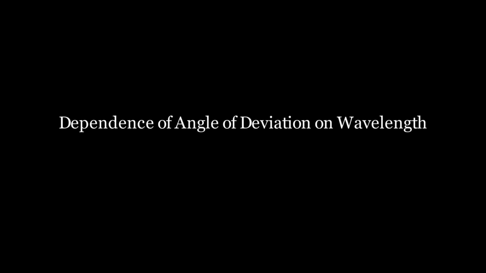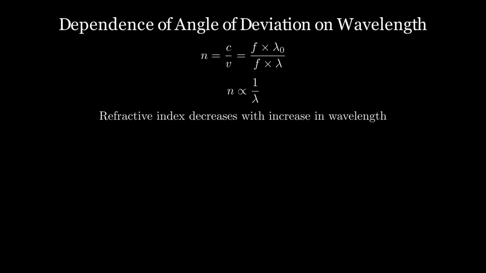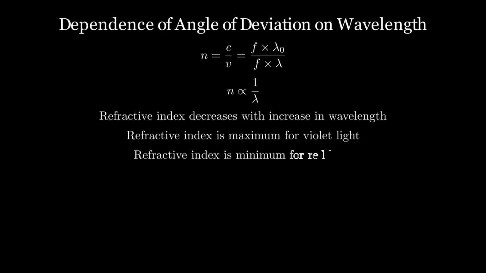Lastly, we have the wavelength of light. We know the refractive index of a given medium is different for light of different colors. The refractive index of a material decreases with increase in wavelength of light. Thus, the refractive index of the material is maximum for the light which is of lowest wavelength, that is color violet, and it is minimum for the color red.